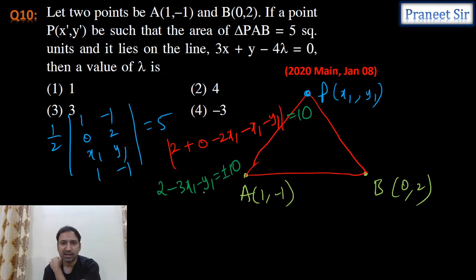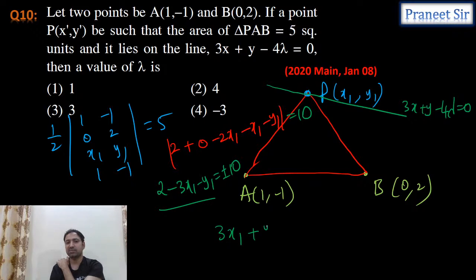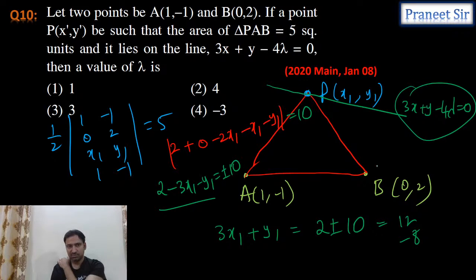Now this point should lie on another line whose equation is 3x plus y minus 4 lambda equals 0. So clearly we can say that 3x1 plus y1 equals 2 plus or minus 10, guys. So this value is either 12 or minus 8. Correct. So how much is lambda?